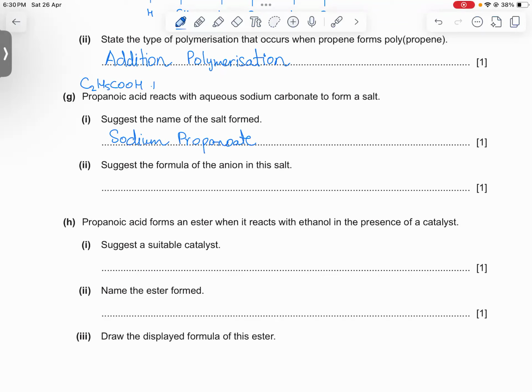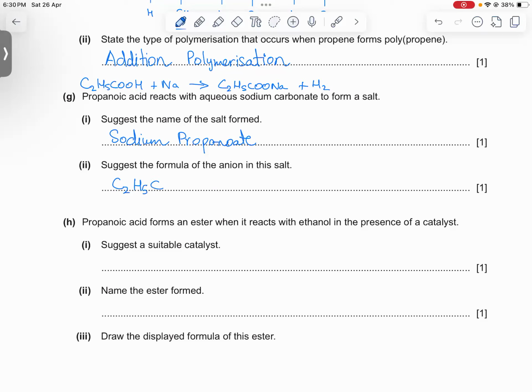So if it reacts with sodium, it will produce C2H5COO, and in place of the last H, Na will replace it, and along with that hydrogen is produced. Because Na has +1 charge and alkanoate has -1 charge, that is why the formula is C2H5COONa.